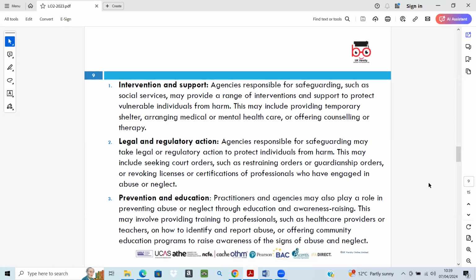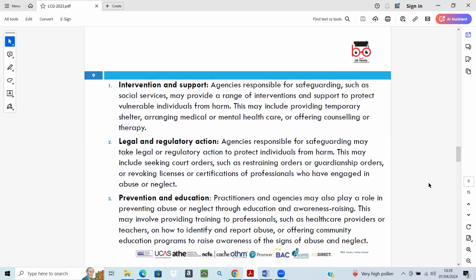Practitioners and agencies play a role in prevention through education and awareness raising activities, such as providing training to professionals, such as healthcare providers or teachers, on how to identify and report signs of abuse, and offering community education programs to raise public awareness of the signs of abuse and neglect and the importance of reporting concerns.